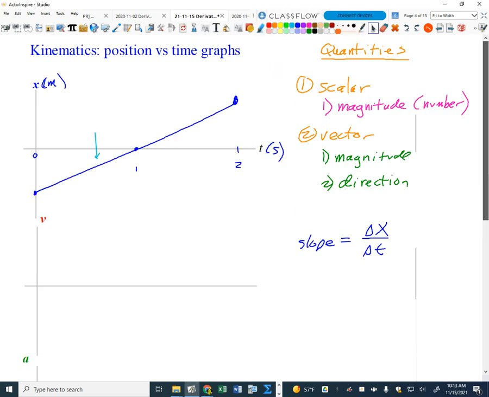Okay, so if I want to tell a little story up here, these kinematics diagrams are going to do that for us. So what's this telling us here? I'm plotting position, my dependent variable, as a function of time in seconds. So maybe position in meters as a function of time, right? So what does this look like? Well, I'm starting off with a position of -1, and 2 seconds later I've got a position of +1.